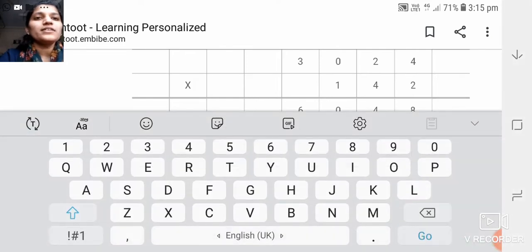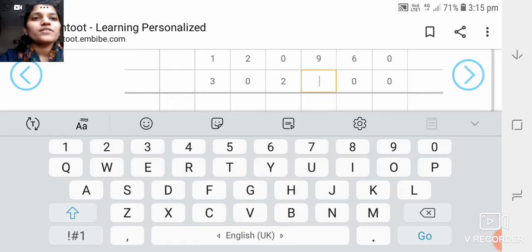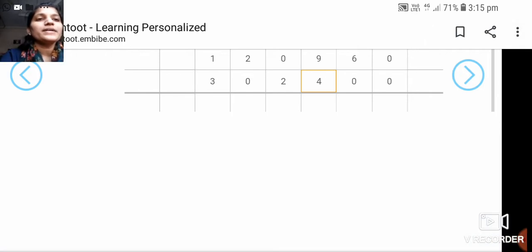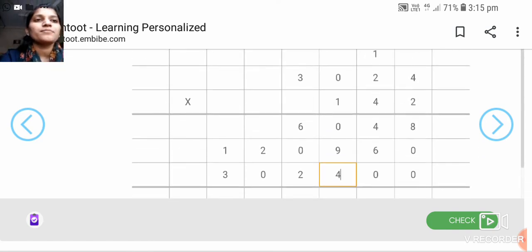So we are going to write the number properly. Okay, so these are our 3 steps. In this way we are going to multiply a 4 digit number by a 3 digit number.